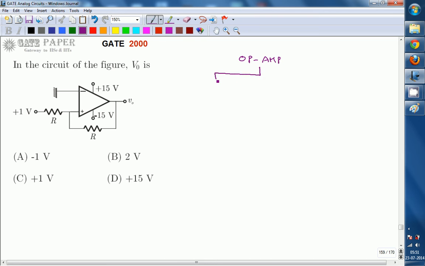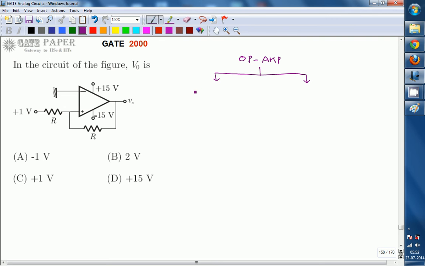Whenever you are given any op amp circuit, the first step is to identify whether the feedback is positive or negative. You have to check whether the output is fed back to the inverting terminal or the non-inverting terminal.